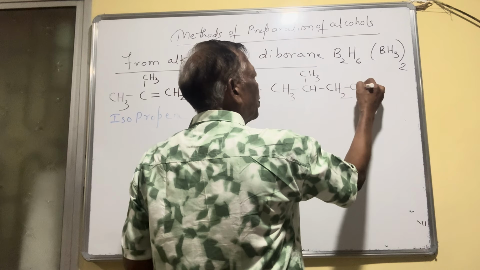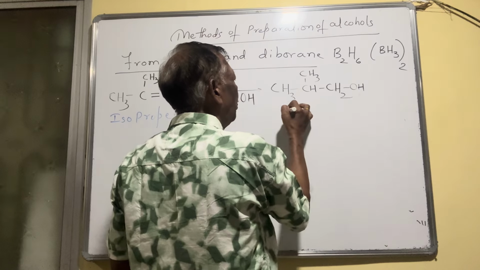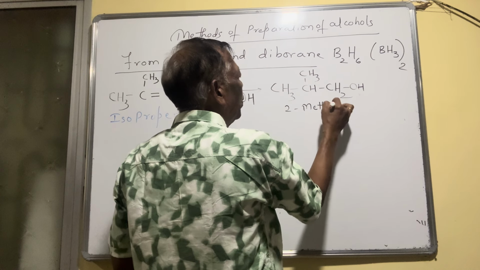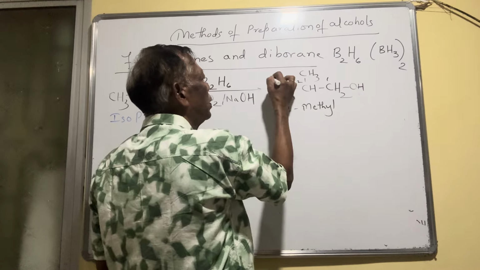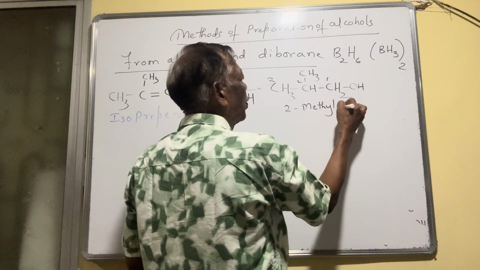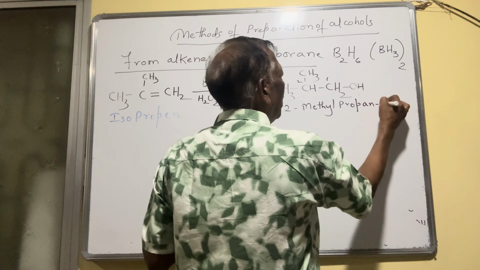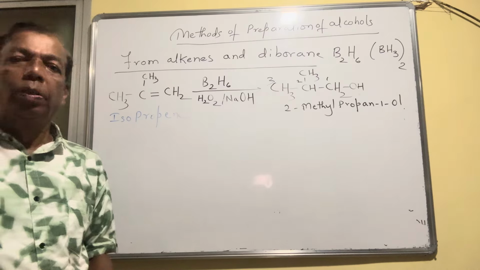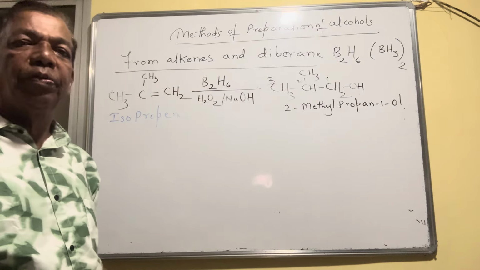So the product over here will be 2-methylpropan-1-ol. So any alkene you take, you will end up always with primary alcohol.